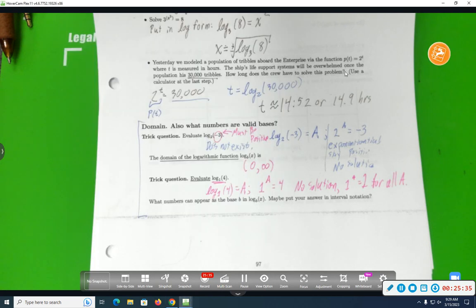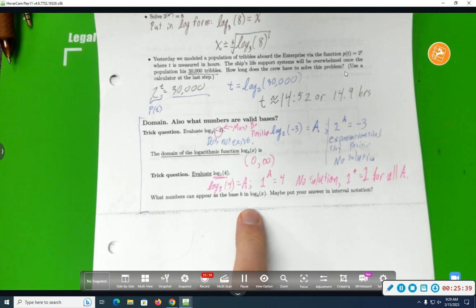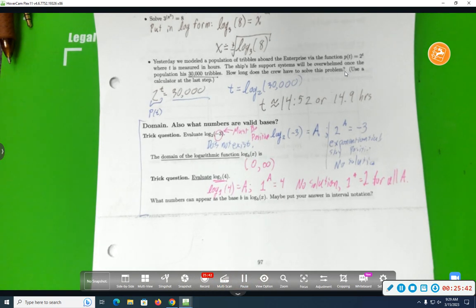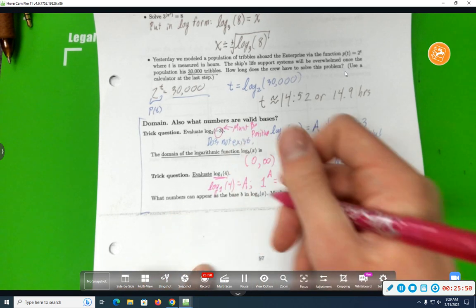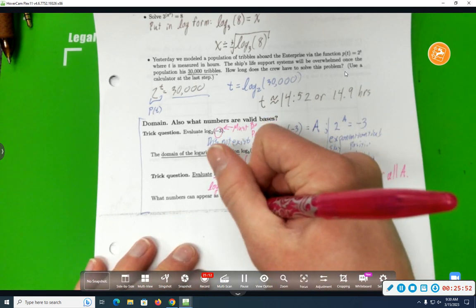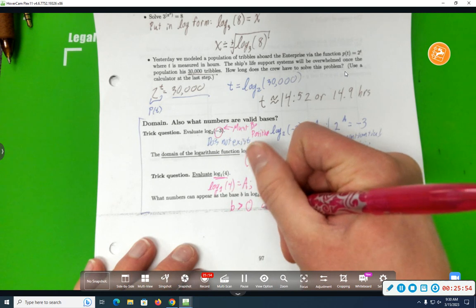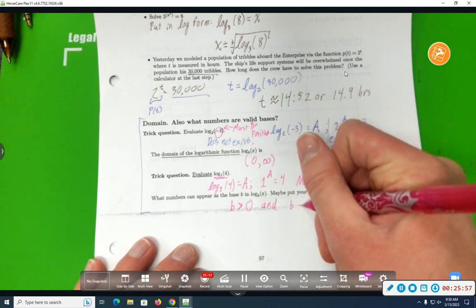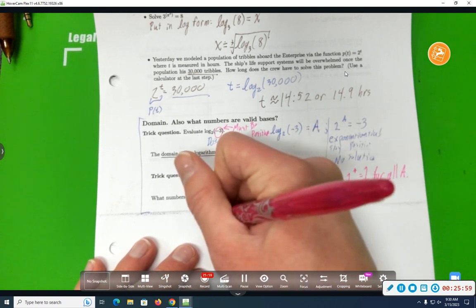Whenever you want to talk about logarithms, what numbers can appear in the base? Well, first of all, it can't be negative or 0. We won't allow those in the base of an exponent. We also won't allow 1. What numbers can appear in the base of a logarithm? Well, b has to be bigger than 0, and b cannot be equal to 1.